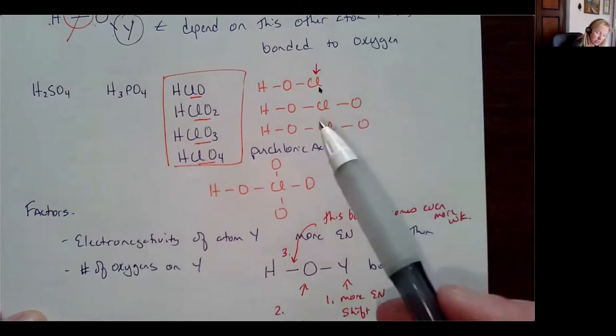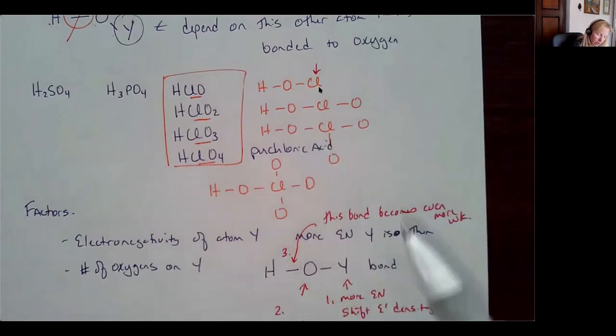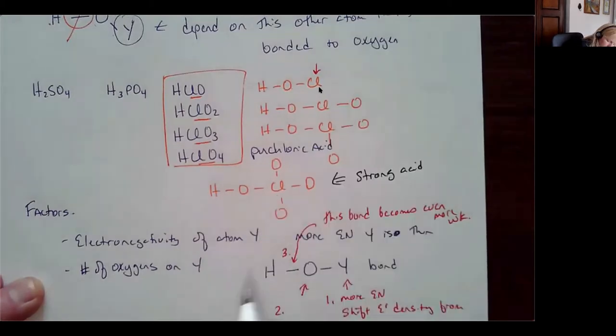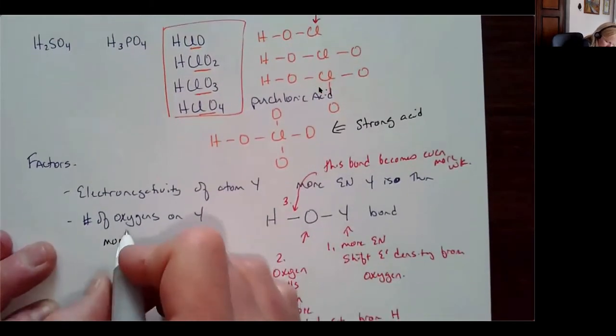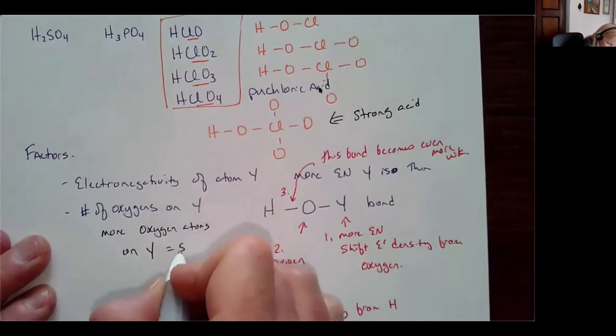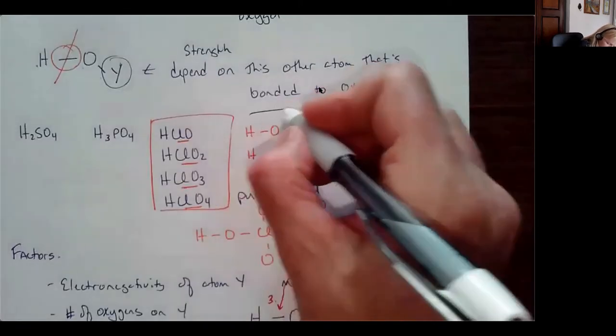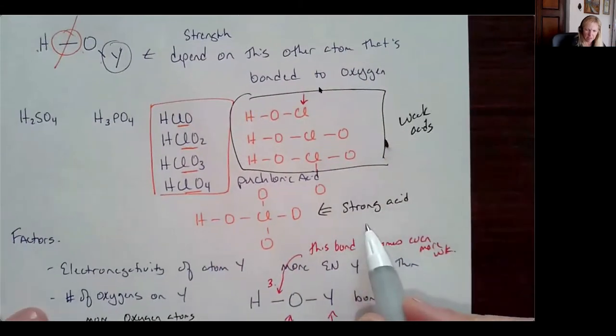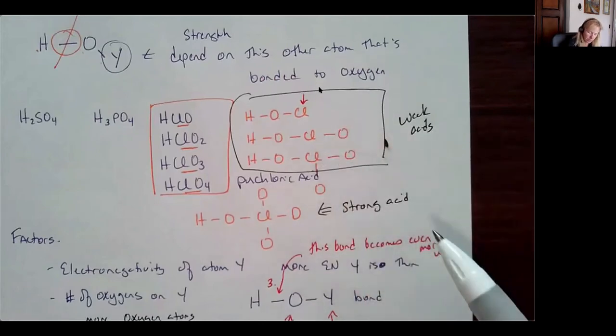But my acid strength is going to be very different among these 4. This is going to be my stronger acid. So the more oxygen atoms on Y, the stronger the acid. These 3 here are all weak acids. This is my strong acid here, my perchloric acid.